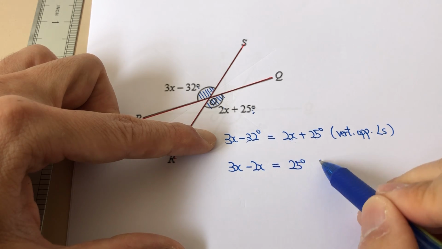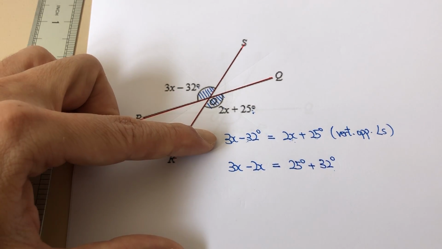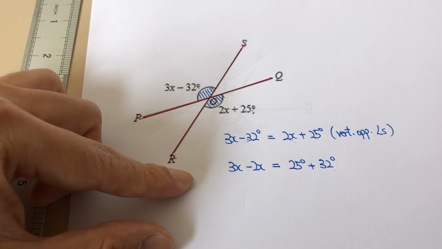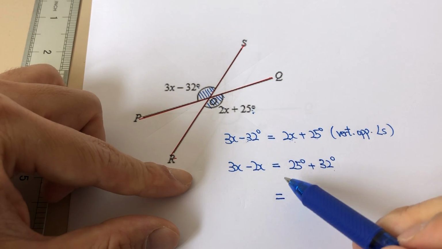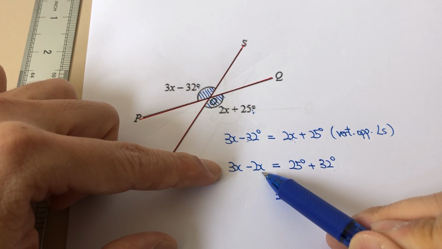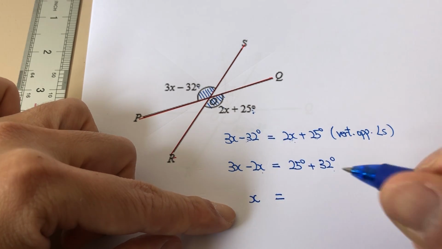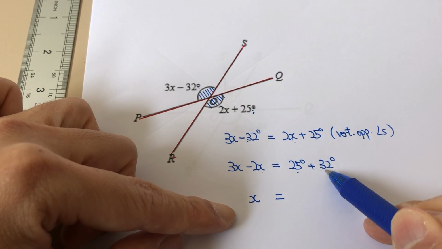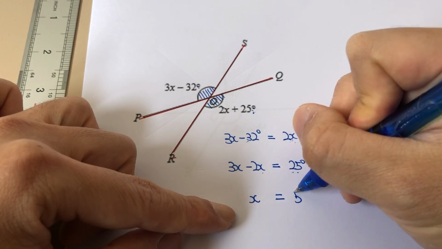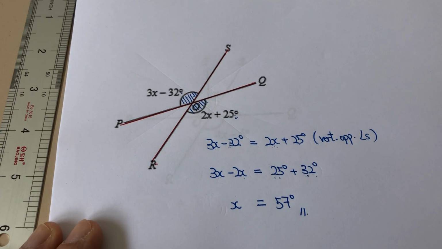So negative term becomes positive, plus 32 degree. All right? Now let's try to combine the like terms. 3x minus 2x becomes how many x? Yes, 1x. 25 plus 32 becomes 57. 57 degree. Okay?